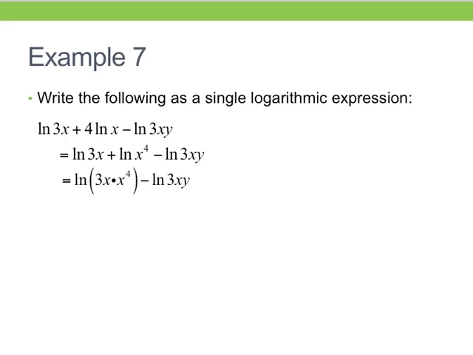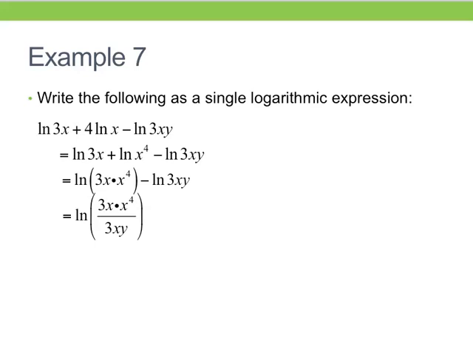And now we have two logarithms, so we still need to get it down to one single logarithm, but we see a minus in between, and that means that I can write this as a single logarithm of the quotient of those two. So this is ln of, now 3x times x to the 4th goes in the numerator, and then 3xy goes in the denominator.